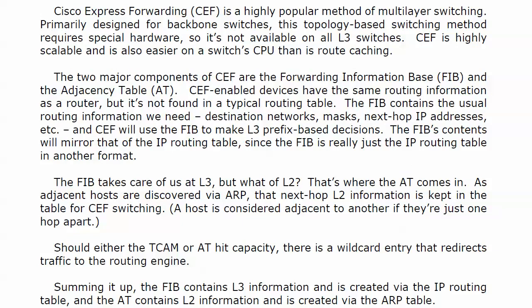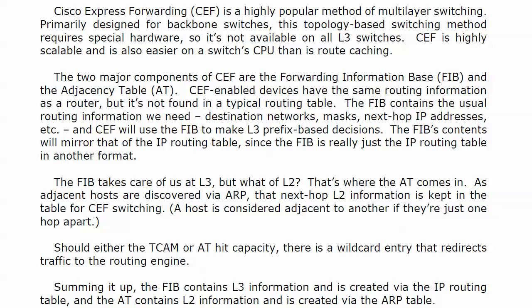It's primarily designed for backbone switches. It's a topology-based switching method that requires special hardware, so it's not available on all layer 3 switches, but today's modern switches, I see it on just about all of them. CEF is also highly scalable, which we love, and it's easier on your switch's CPU than route caching is. We also love that.